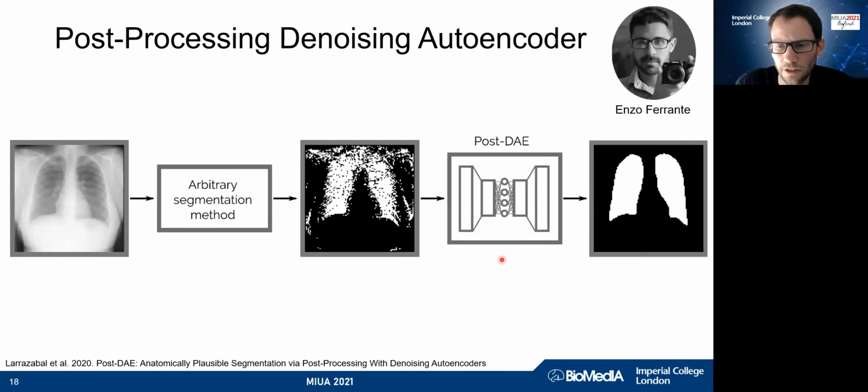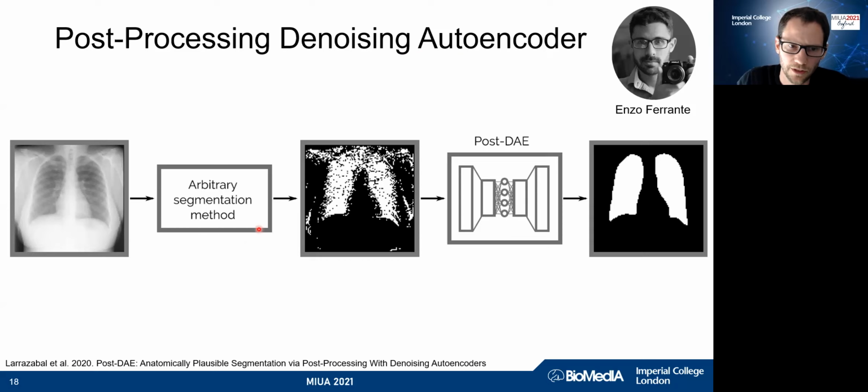Another way of putting anatomical constraints has been done in this work with Enzo Ferrante, who was a postdoc in my team, who's now a professor in Argentina, and together with his team, who I was very fortunate to collaborate with, we looked at denoising autoencoders. And this is for post-processing.